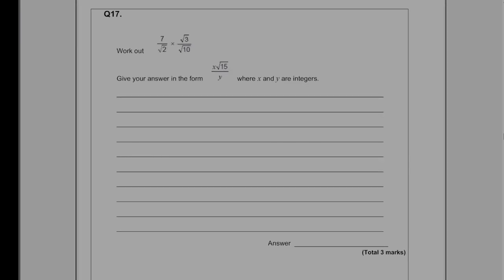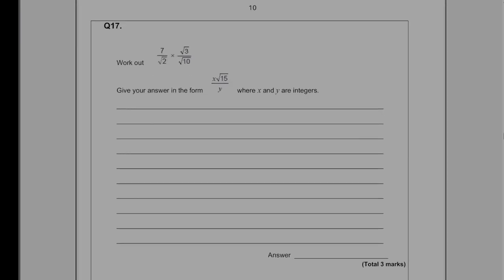Okay, question 17, work out. So a bit of surds here. I'm trying to work out if to rationalize the denominator straight away, because obviously I'm going to have to eventually. I'm going to do it afterwards to save having to rationalize it twice. So I'm going to say that that's going to be 7 root 3 over root 20.